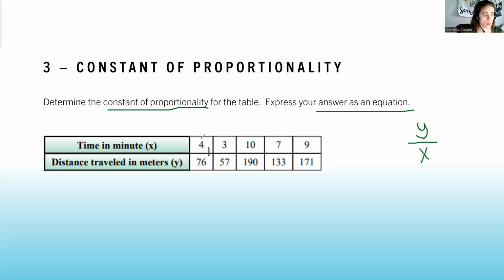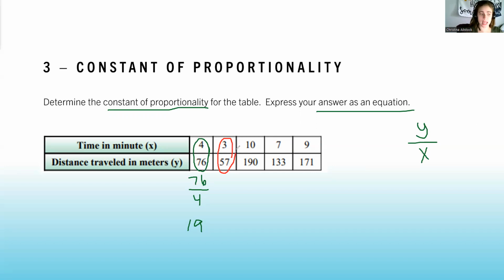So here we can take 76 and divide that by 4, which is 19. And then if we come over here, we can do 57 divided by 3, because remember, we do y over x.